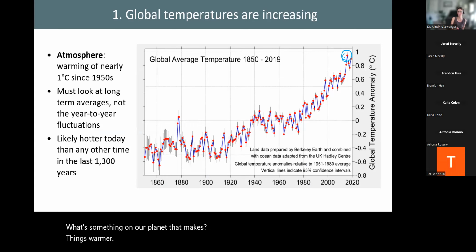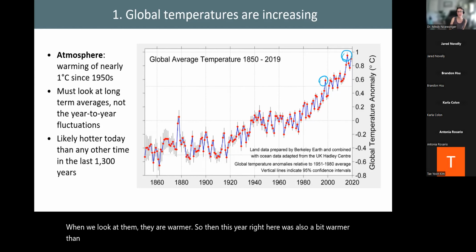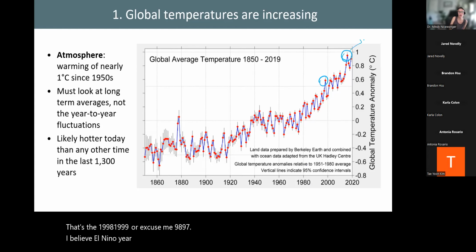We talked about it. It's in our ocean. Yeah, El Nino. Okay, so El Nino years, when we look at them, they are warmer. So then this year right here was also a bit warmer. That's the 1997, 1998 El Nino year.